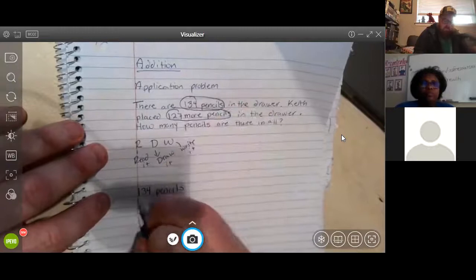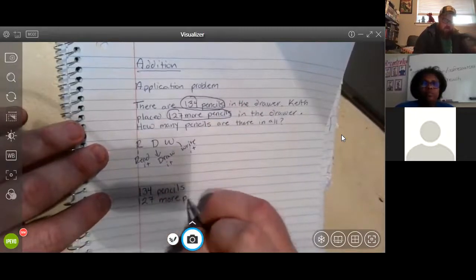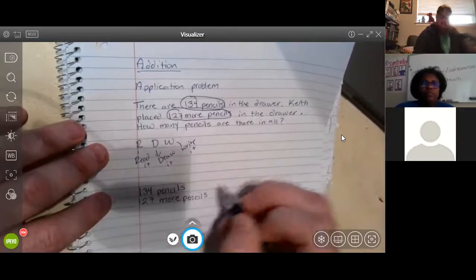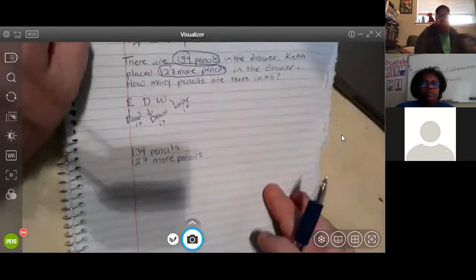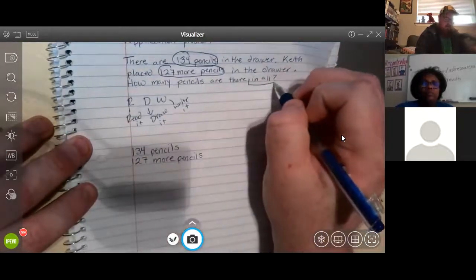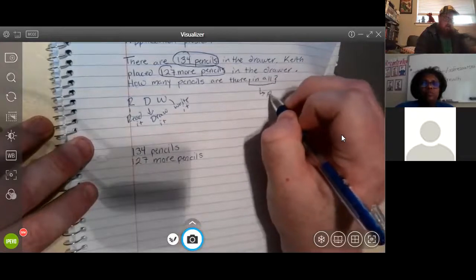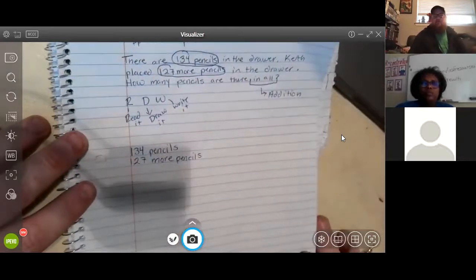That's super important too. Not only that, but the word more as well. More is telling me that a number is rising somewhere in our question. And then it says, how many pencils are there in all? Your scholars should know that in all means addition. So we're going to add these numbers up.